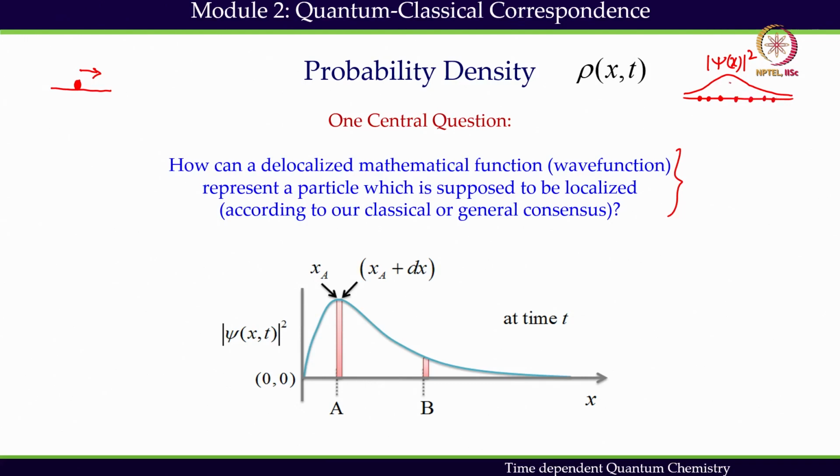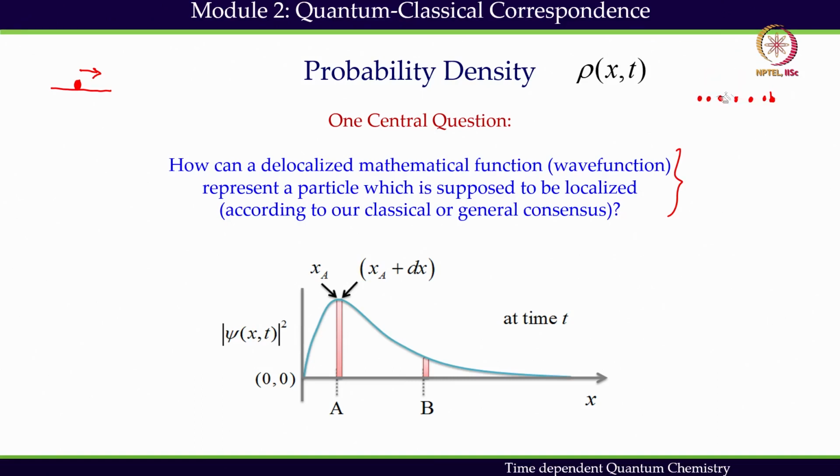There can be a higher possibility of finding the particle at a particular position as compared to the other position. That is possible, but still there is a possibility. And this idea of possibility makes it very difficult to understand the motion of a particle in quantum dynamics when you think about the classical picture.